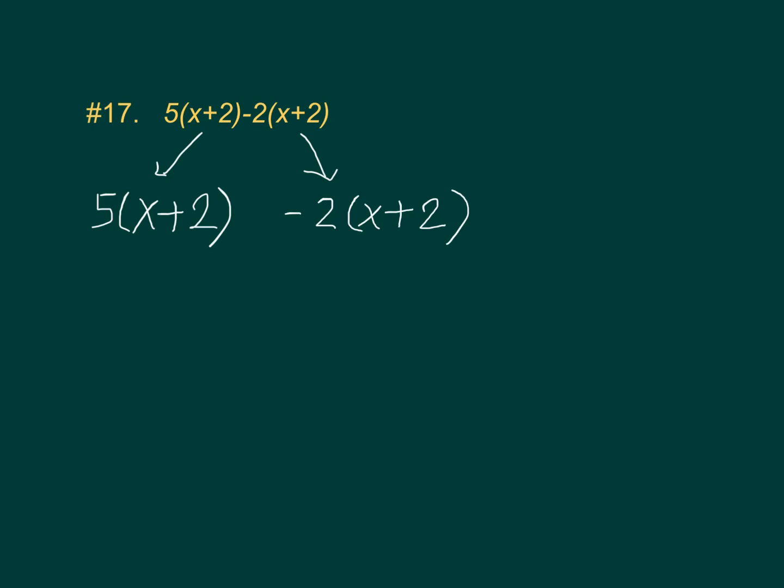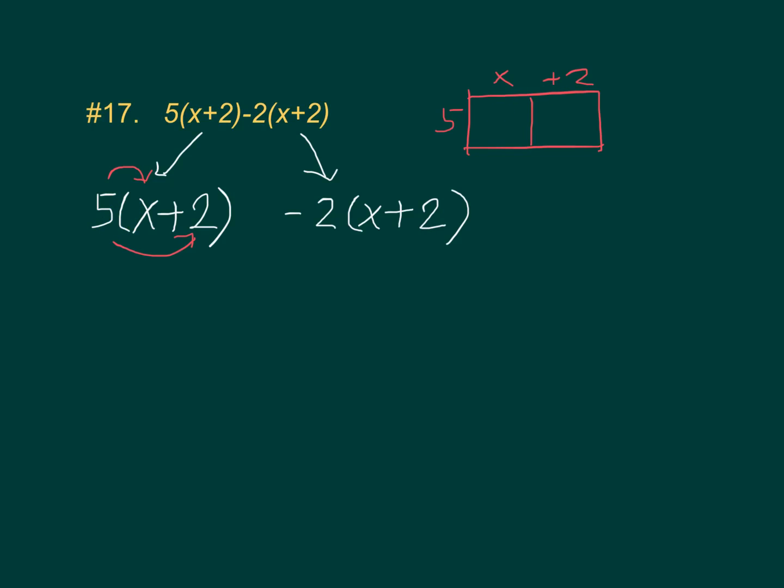Okay? So the first expression is pretty easy to simplify. You're distributing 5 into the parentheses. So remember we talked about the square here. By now you should be really good at this. So you have x plus 2 and then 5 on the side. So you do 5 times x and then 5 times 2.